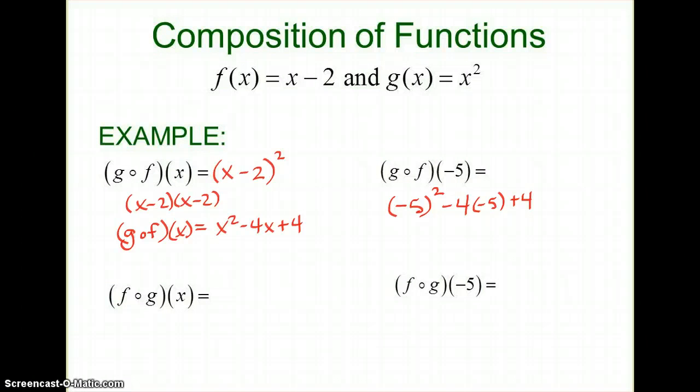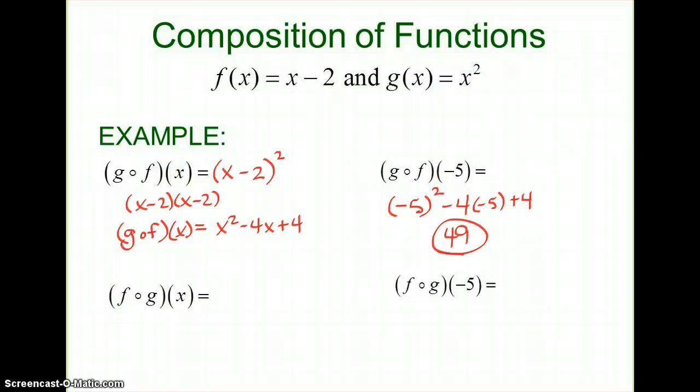But either way, you're going to end up with a total calculation here of 20. No, let me try that again. How about 49? Okay, -5 squared is 25, -4 times -5 is 20, 25 and 20 is 45, and 4 is 49.